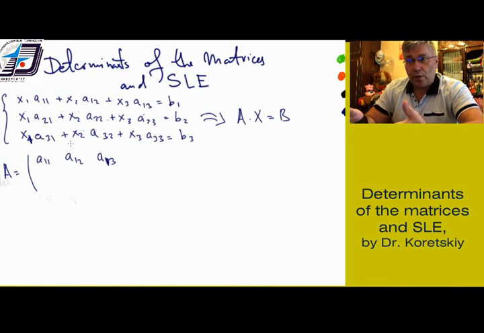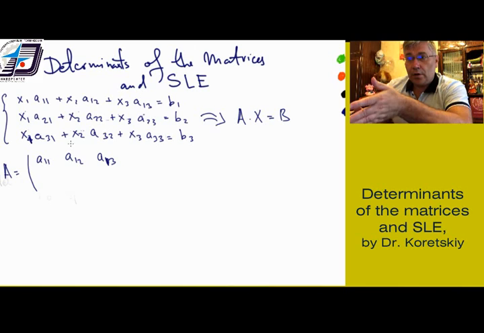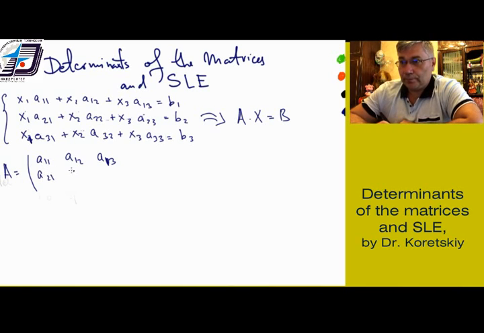For example, a11 means that this number is located in the first row and the first column. a21, a22, a23, a31, a32, and a33.